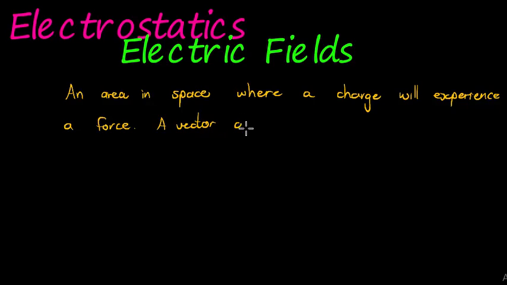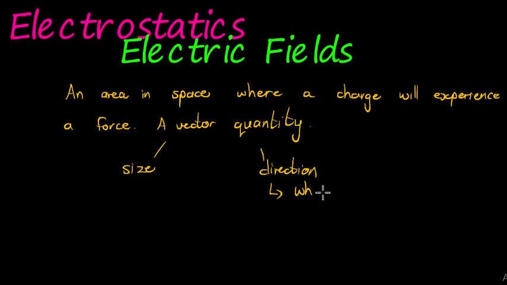A vector quantity means it has size and direction, and the direction will be determined by what a positive charge will experience. I'll explain in just a moment. I'm sure you will understand.